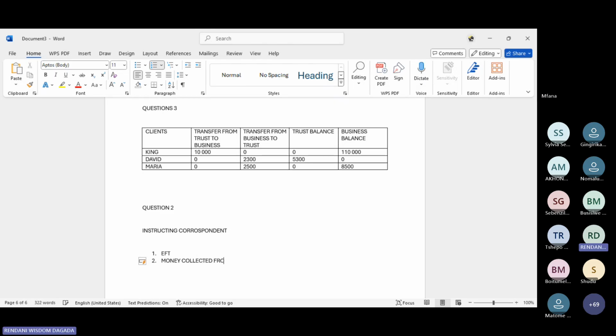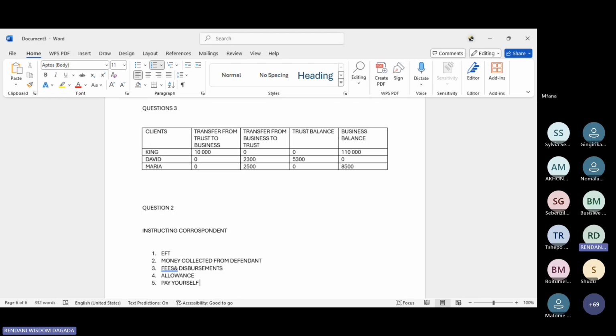Number 3, we look for fees and disbursements. Number 4, we look for allowance. Number 5, we pay ourselves. Those are the 5 steps of instructing correspondent.